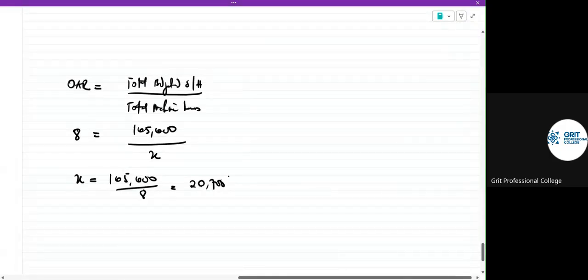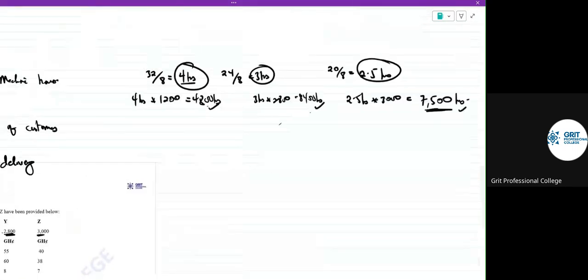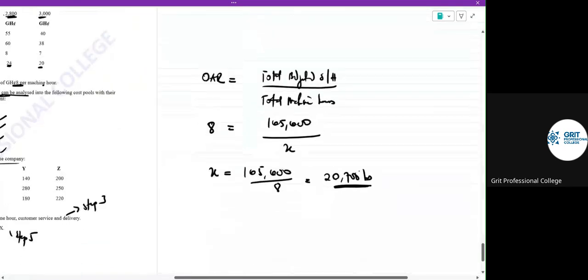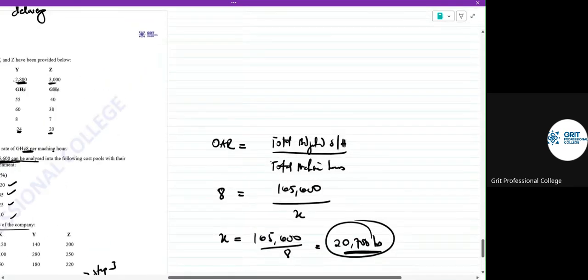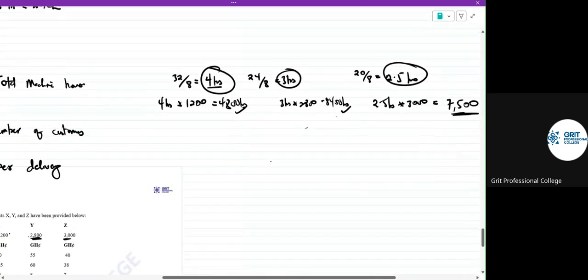But the problem is that we will need to know what the total machine hours for only X will be, only Y will be, and only Z will be. And even if we find the total machine hours here, we will not be able to allocate it straight away, but rather we'll have to use the approach that we use.